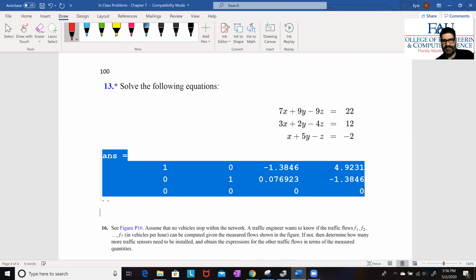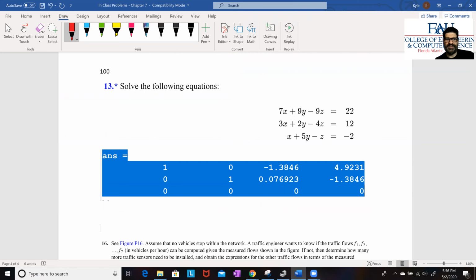So I want to explain what that means. Remember, this is x here, y, and this is z, and this is the constant. So in the first row, you're going to get x plus 1.3846 z is equal to 4.9231. So x is equal to minus 1.3846 z plus 4.9231.